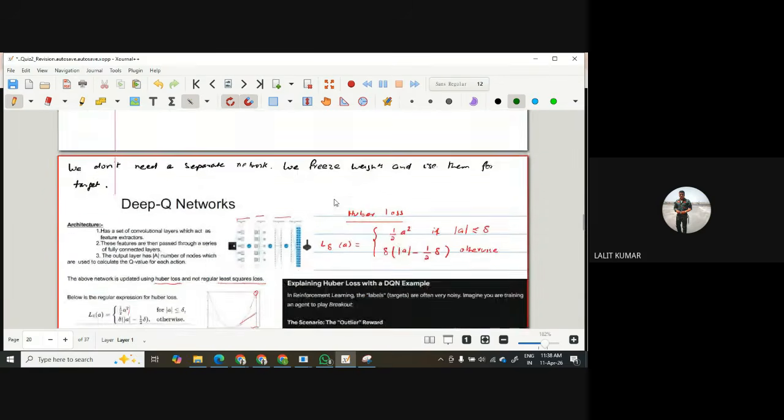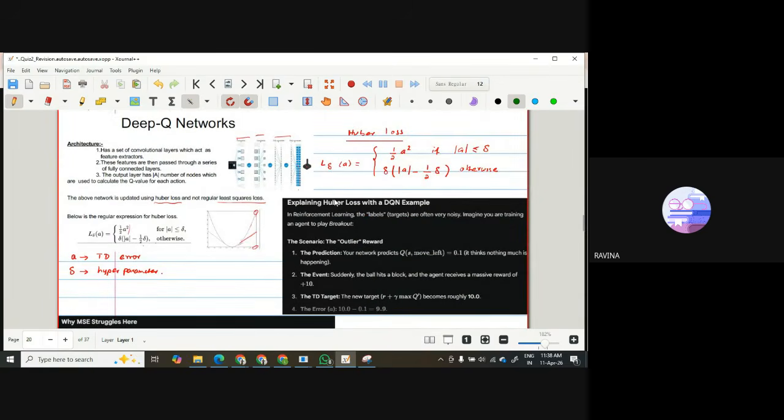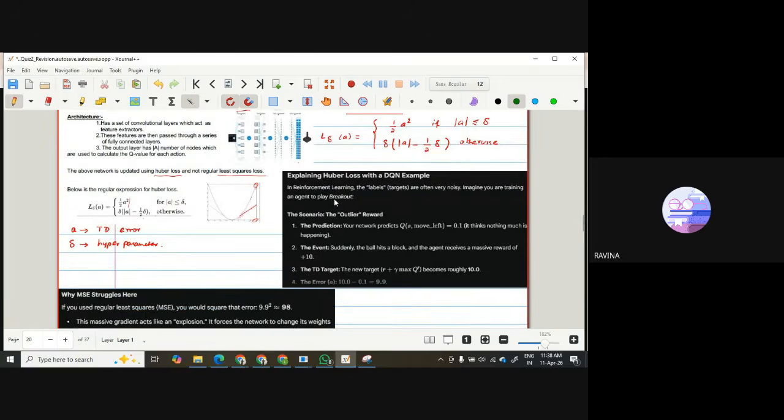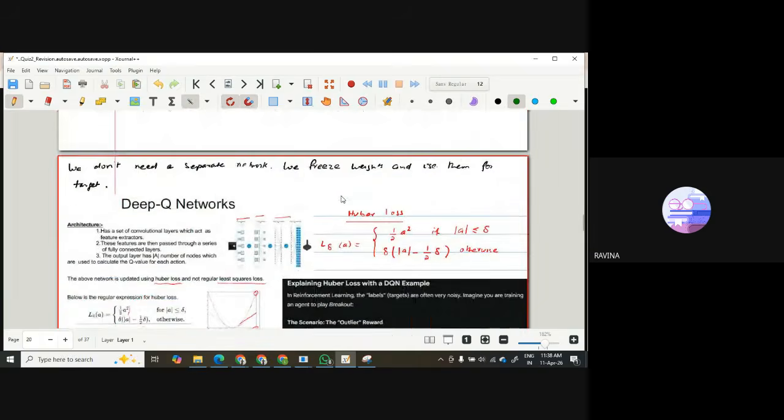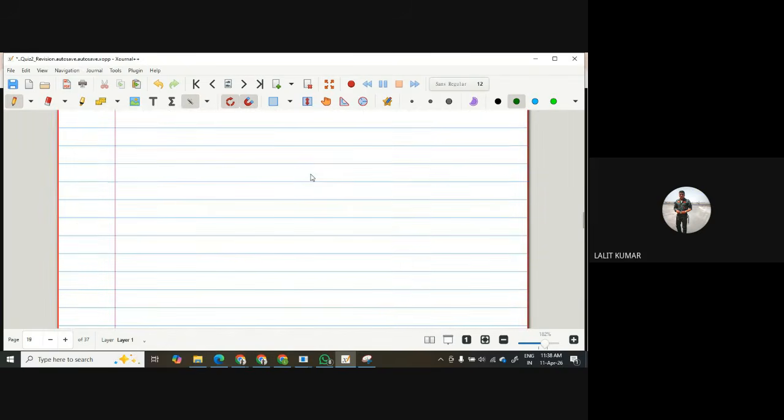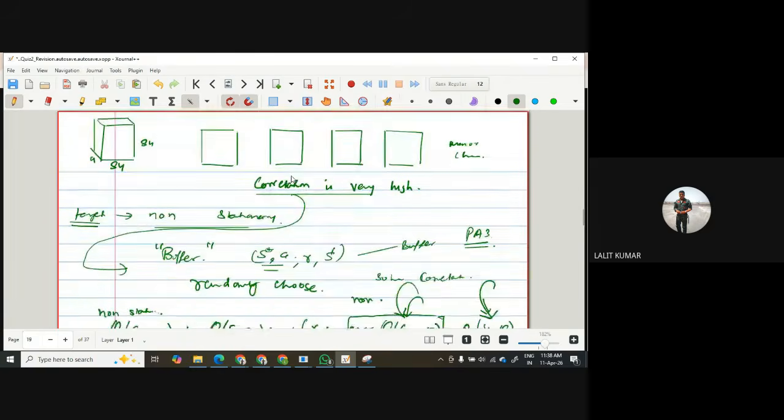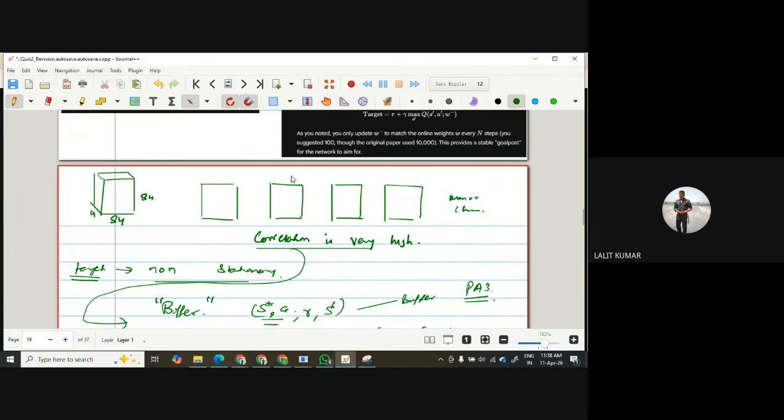Can we add a regularizer instead of the buffer to remove the correlation between them? But how would it happen? There is a screenshot of an Atari game we are playing, the agent is here, there is something here, and there will be very, very minor changes.